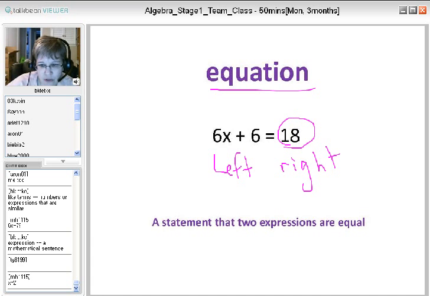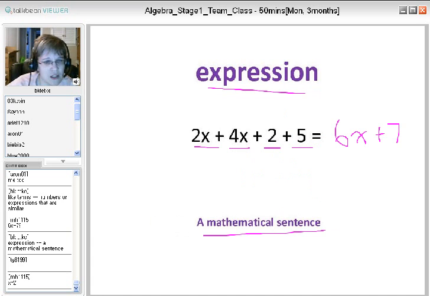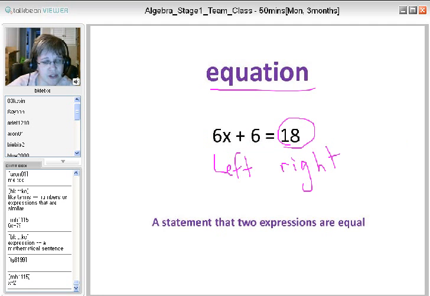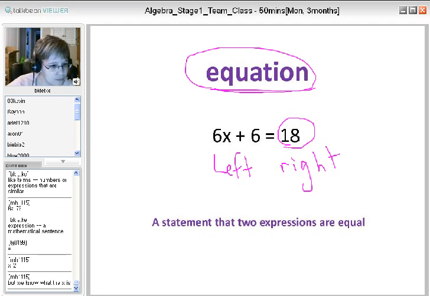So an expression is just this part here. We don't know what the value of it is. It's just a bunch of letters and symbols and mathematical operations. But when we say it's equal to something, then we have an equation.